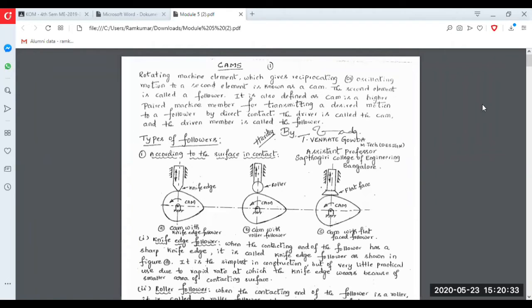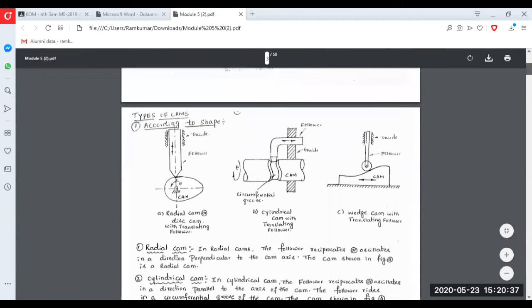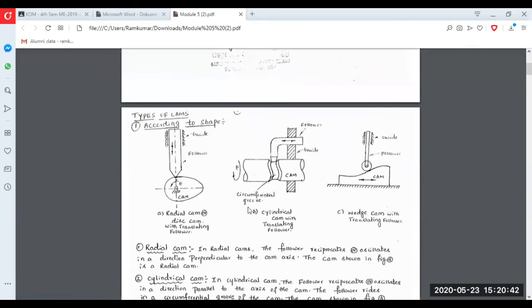Different types of cam based on shape. One is called a radial cam, or you can call it a disc shaped cam. It is having a translatory motion. It can rotate either in the clockwise direction or anti-clockwise direction.